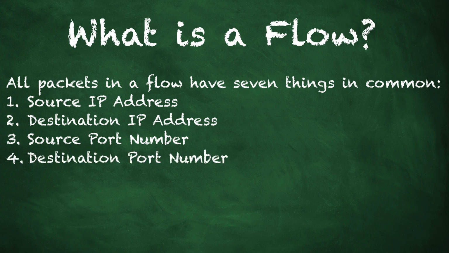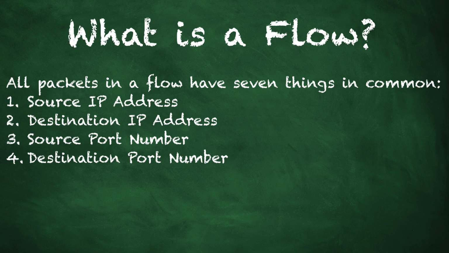For example, let's say that I've got a PC and I'm connecting to a web server on the internet via one browser or on one browser tab, and I open up another browser or another browser tab and I connect to that very same site on the internet. Those would actually be different flows. Yes, they have the same source and destination IP addresses. Yes, they have the same destination port number, port 80 if I'm going to an HTTP site, but the source port numbers would be different. Those would be different flows.